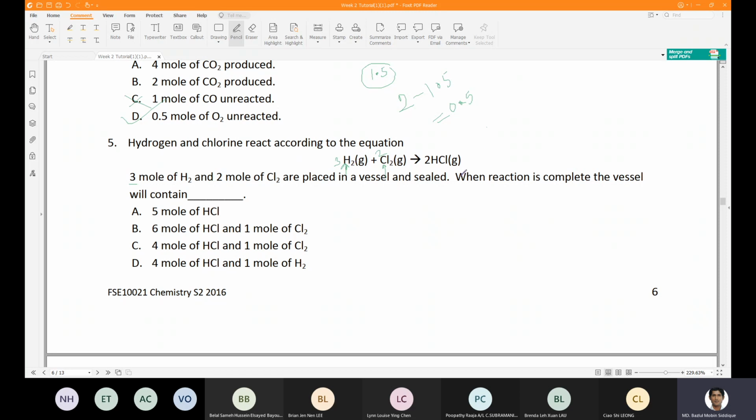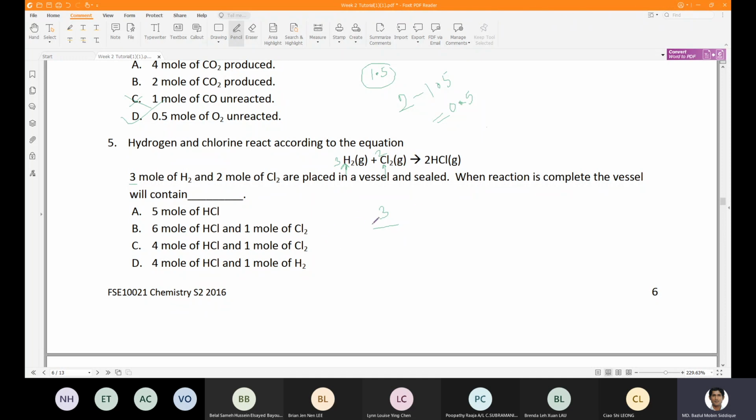This reaction was originally balanced. Okay, so we have seen that this reaction is already balanced, right? Then we take 3 divided by the coefficient of the reactant in the balanced equation.